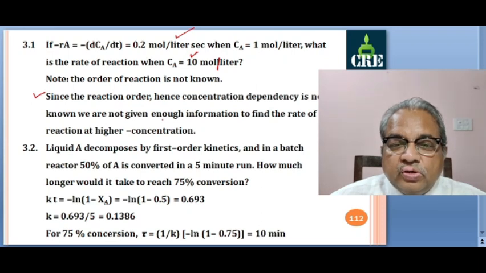Temperature dependence must be known, concentration dependence must be known. That means the rate law in the form minus Ra is equal to K Ca raised to n, K should be known and n should be known.